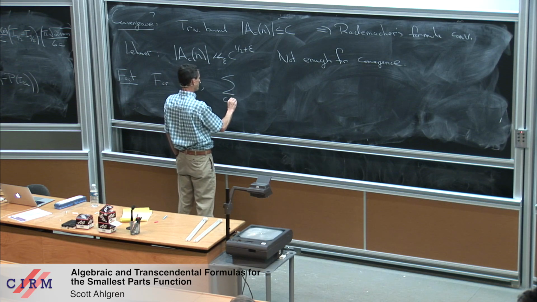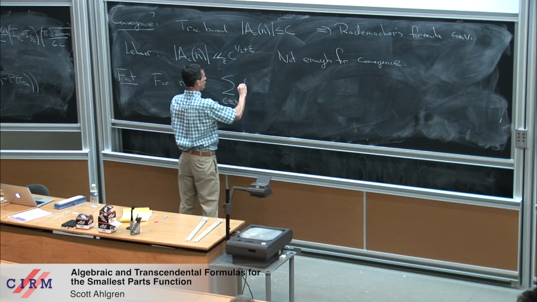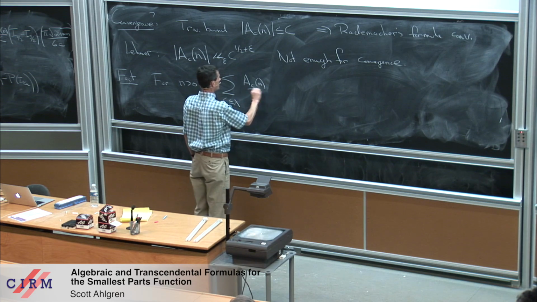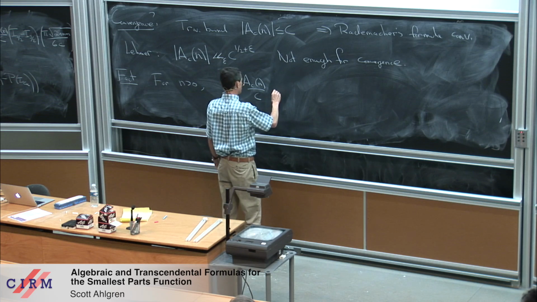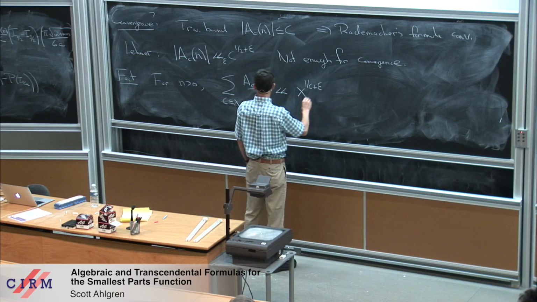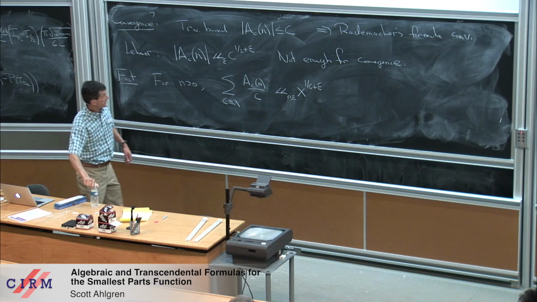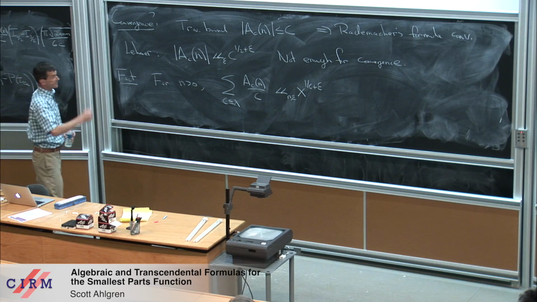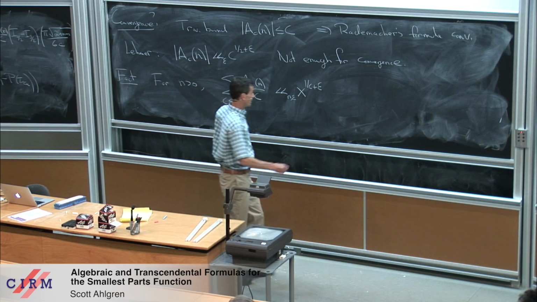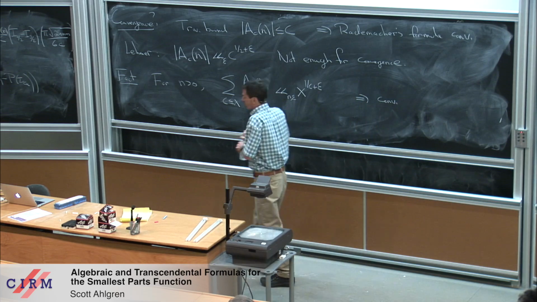The sum over c less than or equal to x of A_c(n) over c is at most like x to the 1/6 plus epsilon, where the implied constant depends both on n and on epsilon, and this is plenty to give you convergence.